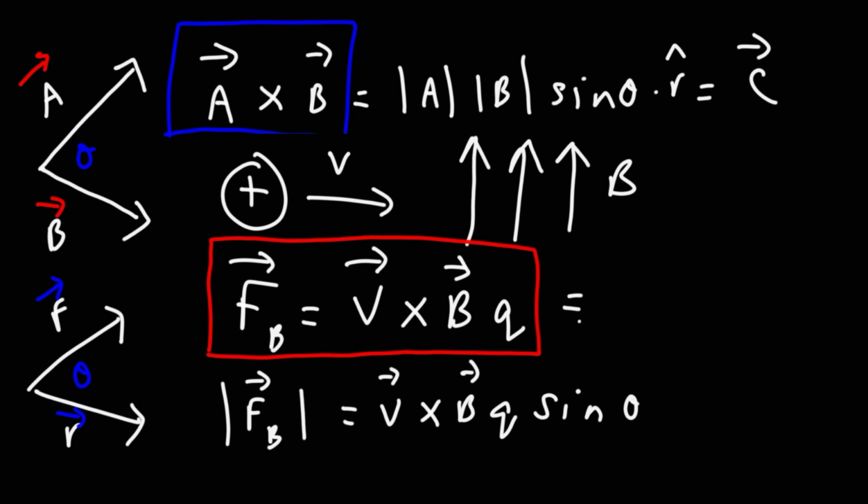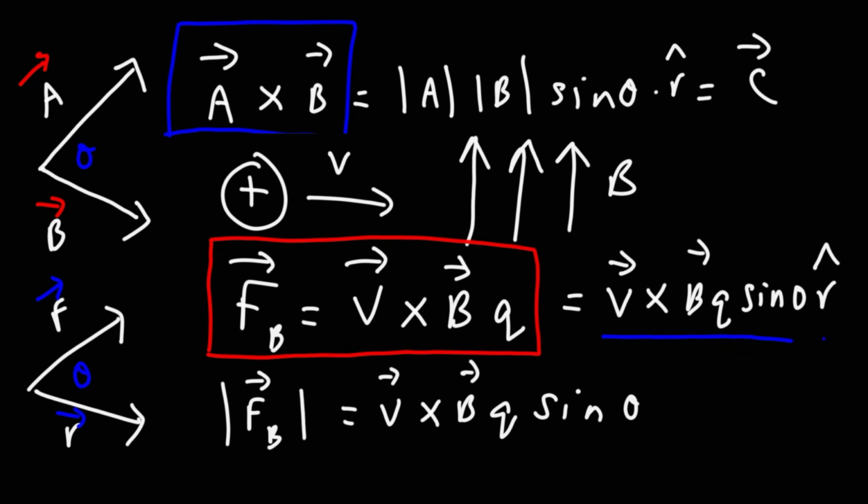But now, if you want the entire vector itself, it's V cross B times Q times sine theta, and then you need to multiply by the unit vector, which is R hat. So notice every vector can be broken down into its magnitude and its direction.